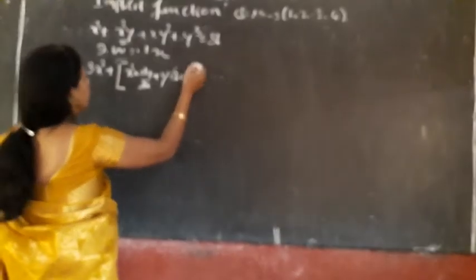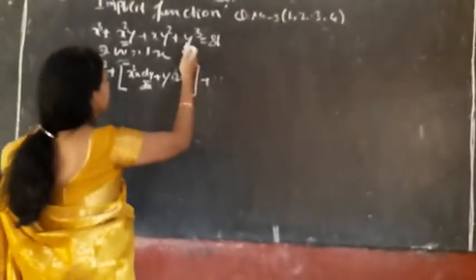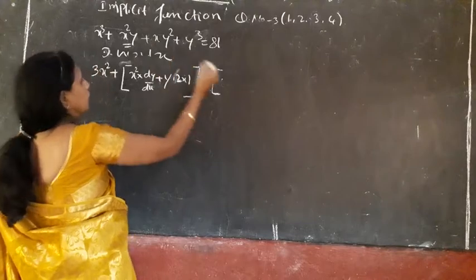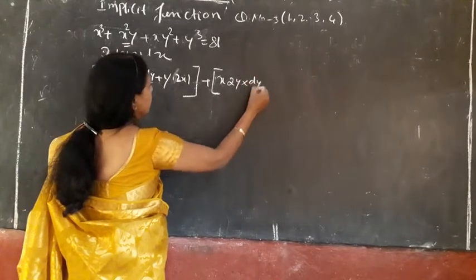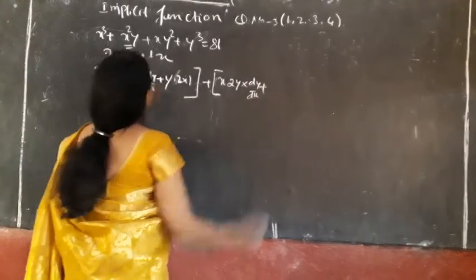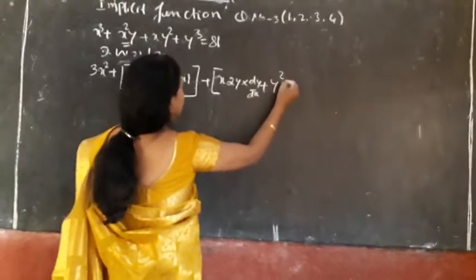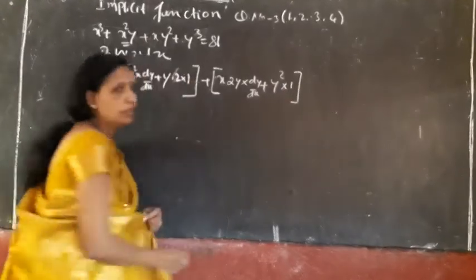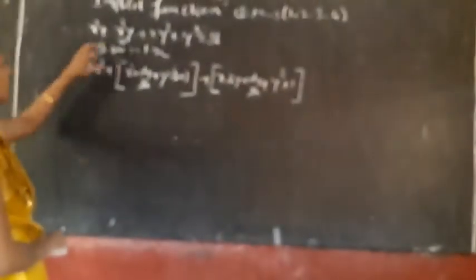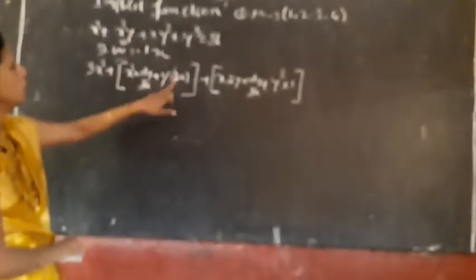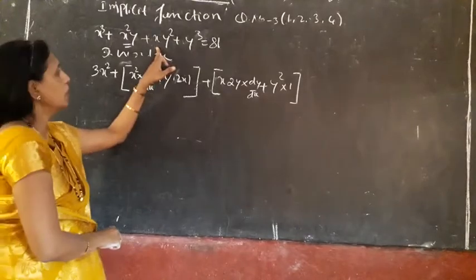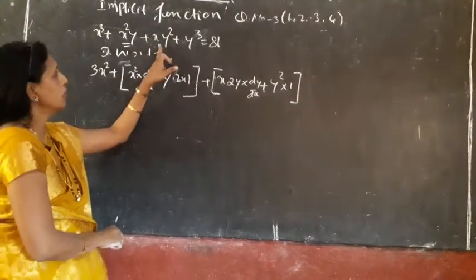Plus here also, x times the differentiation of y square, which is 2y dy upon dx, plus y square, differentiation of x is 1. See here, this is 3x square, u dv upon dx plus v du upon dx, plus the next term, apply the product formula of differentiation.